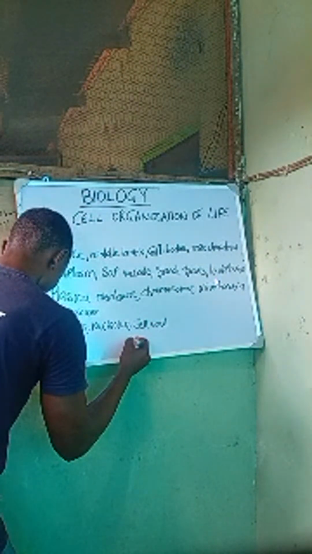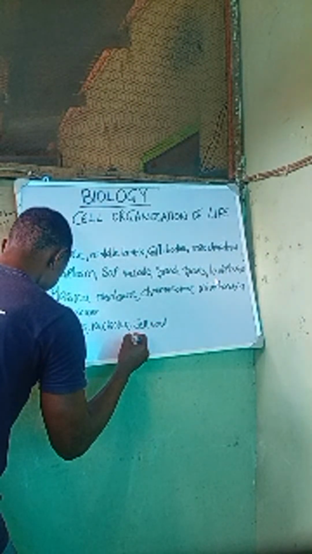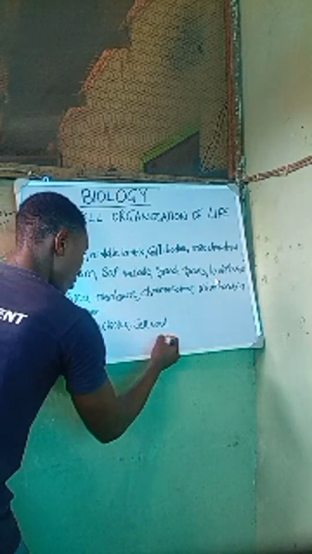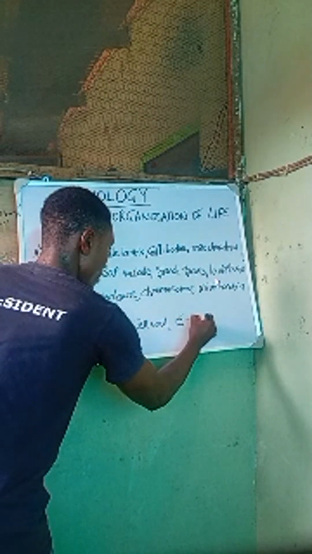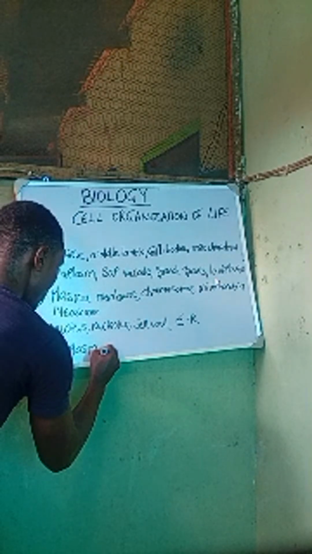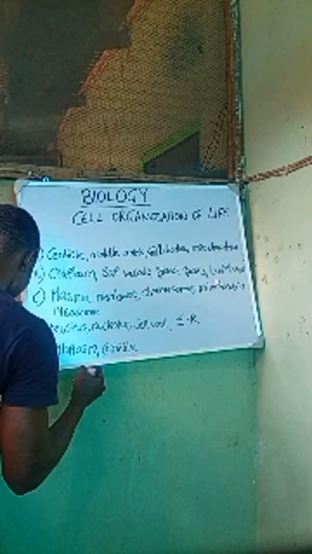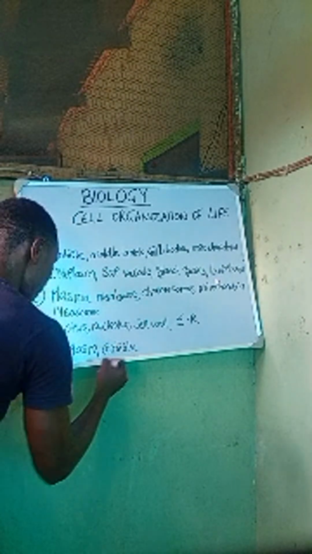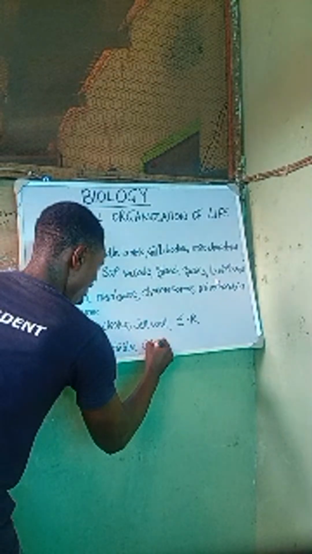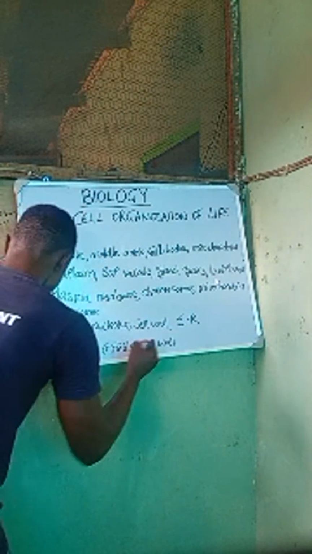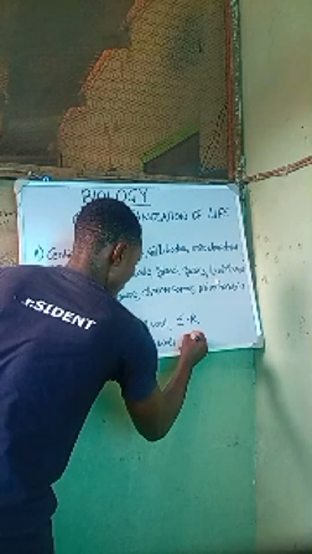And E: we have the endoplasmic reticulum, the cytoplasm, the centriole, and the cell wall.